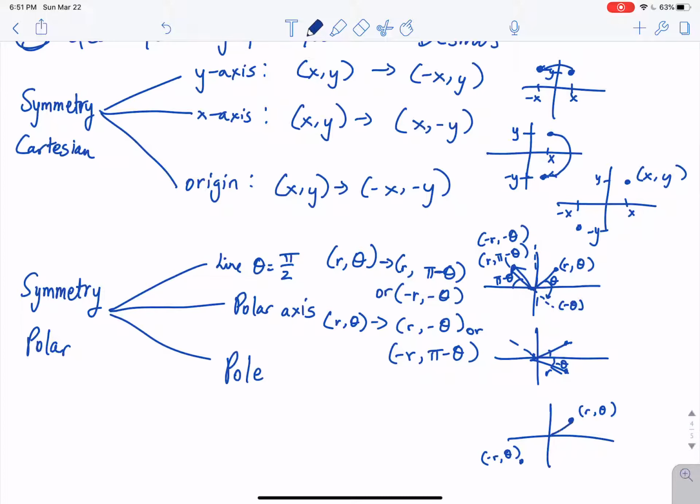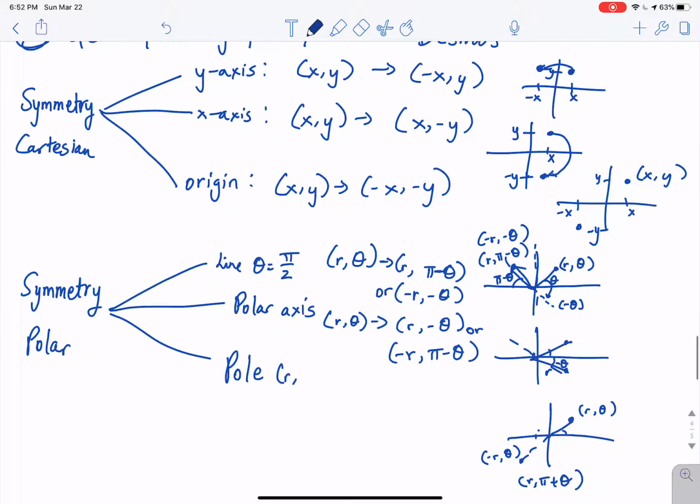I'm going the same distance, in the same angle, but in the opposite direction, same amount of r. Or it could be going the same distance r, but then pi plus theta. So r theta goes to either negative r theta or r pi plus theta.